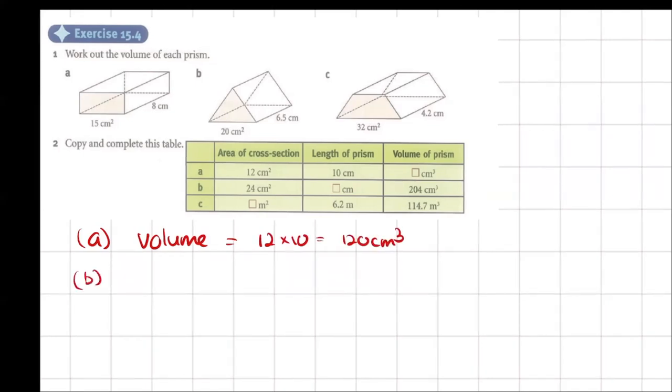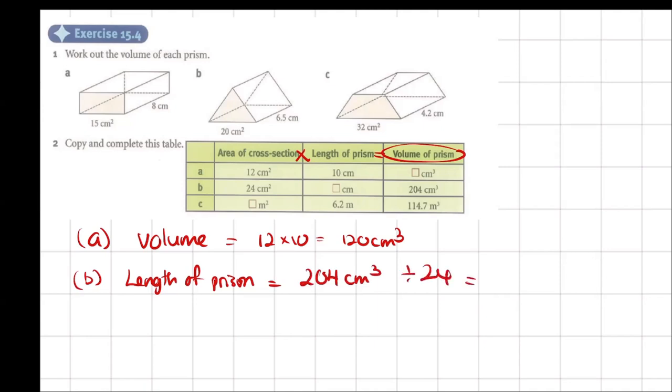B, we are looking for the length of the prism. Since the volume is equal to this times this, you can work your way around to find the length of the prism. Just take 204 cubic centimeters divided by 24. 8.5 centimeters.